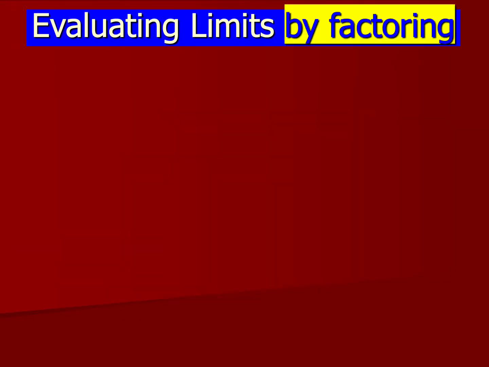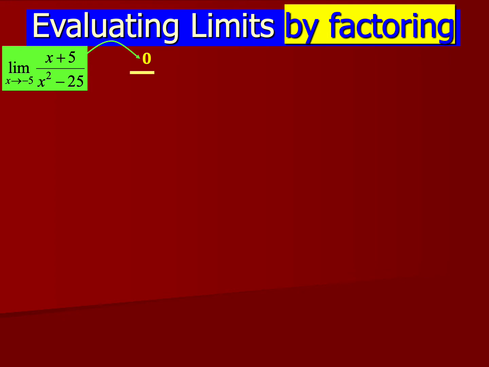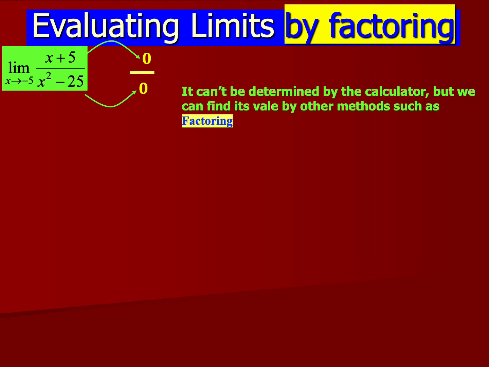Now let us focus on evaluating limits by factoring. Let us take this example that we just mentioned. When I replace -5 in the numerator, I get 0. When I replace -5 in the denominator, I also get 0. This cannot be obtained by calculator, so we need to find another way.